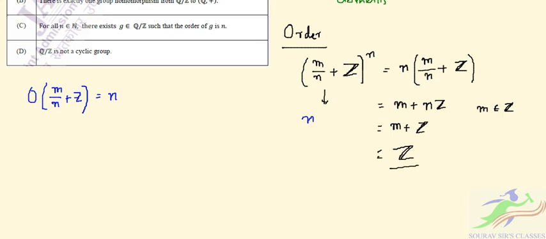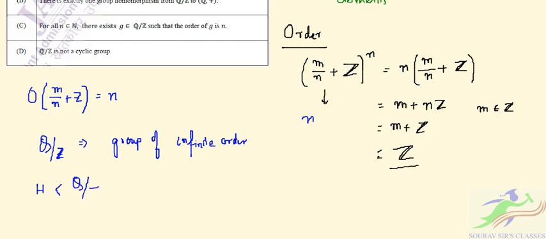So this Q by Z is a group of infinite order, and the order of each element of this group is finite. Now suppose I have a subgroup H of this particular group.